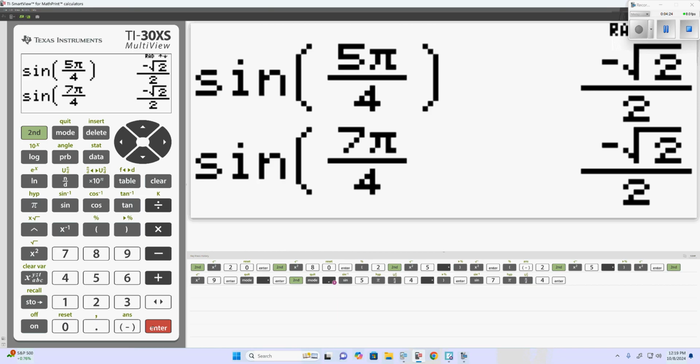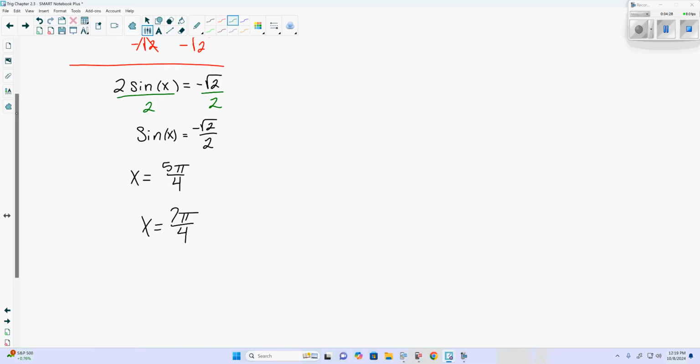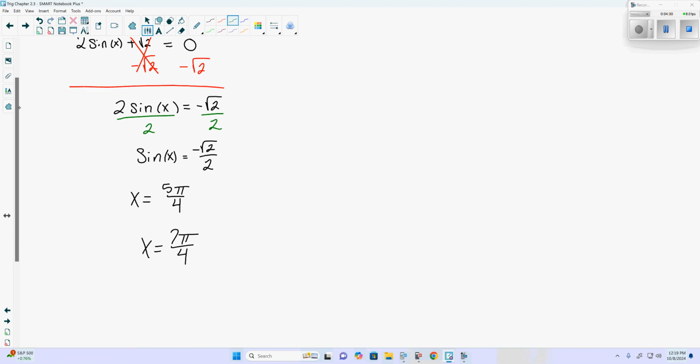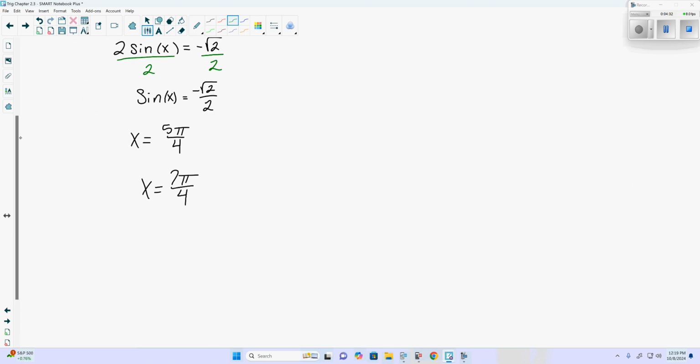Now what's also interesting is, again, these are solutions, and it told us to find and solve for what values of x would make this true.